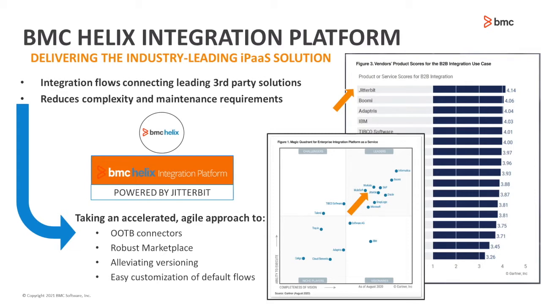So it's one of the most leading solutions that we're partnering with, that you can count on for enterprise grade performance, enterprise grade stability and reliability. And what we're doing is taking this platform, which is already rich enough, but enhancing it by providing more out of box connectors, enriching the marketplace, and certifying these integrations with the BMC product portfolio.